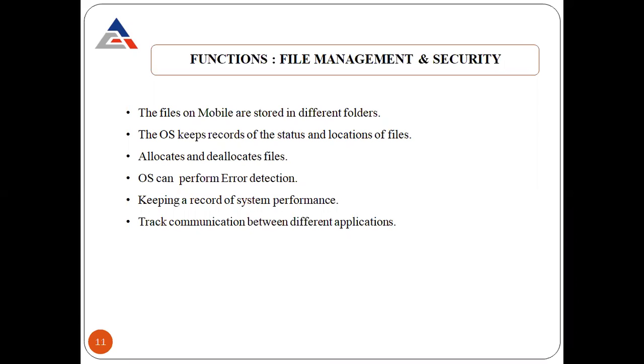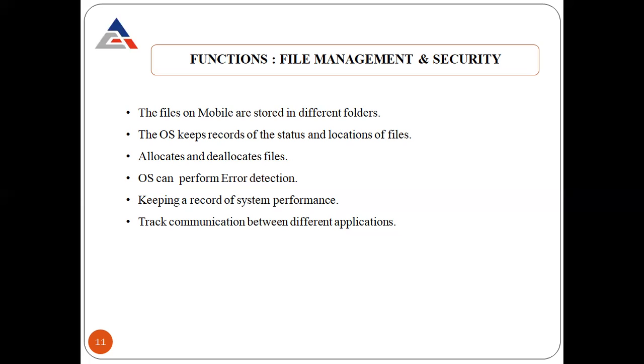Track the communication between different applications. How many applications are using that file? The file management has to keep track of it and keep a record of which file is being used by which application. So these are various functions performed by file management. The files on mobile are stored in different folders.